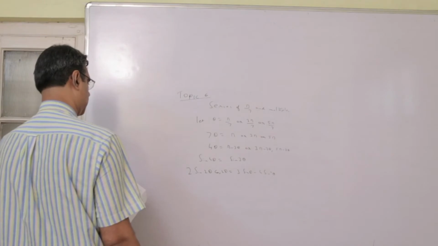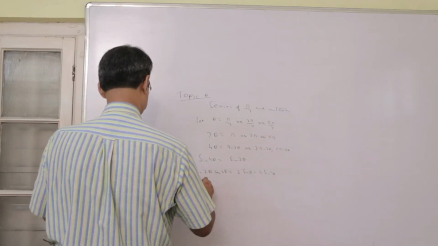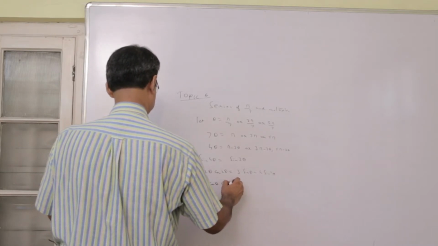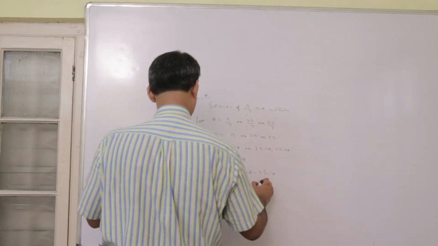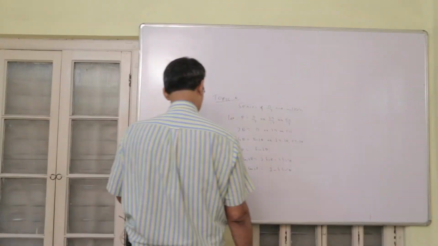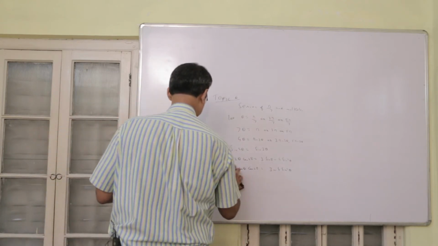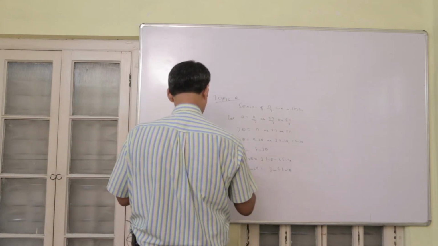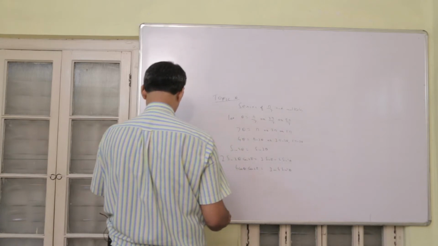So we can write 2 sine 2 theta cos 2 theta is 3 sine theta minus 4 sine cube theta. So 4 cos theta cos 2 theta is 3 minus 4 sine square theta.